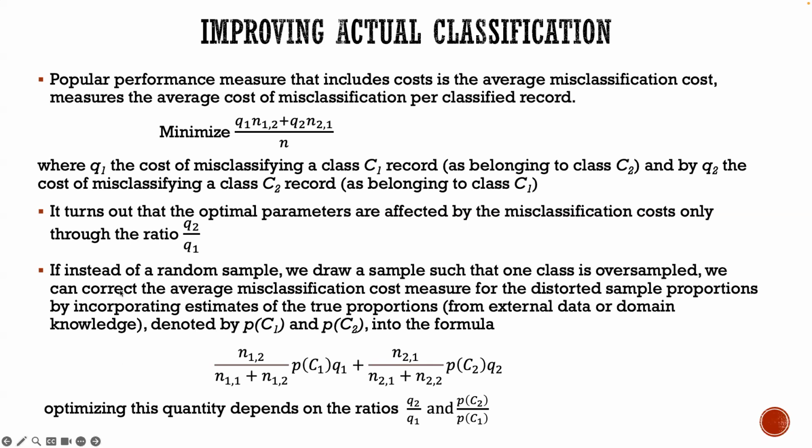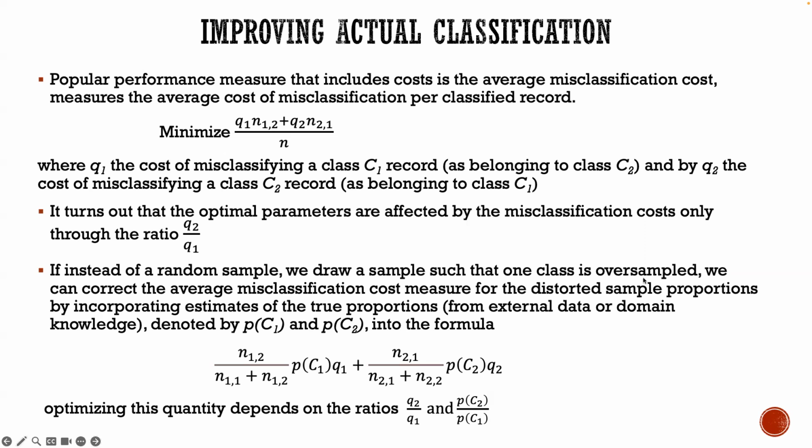Now, sometimes we have a sample that is oversampled in one class. For example, we are looking at a set of customers, and a large majority of them belong to a certain class compared to the other ones. There are very few who are high-paying customers. The majority are basically looking at a low-cost offering from the company.